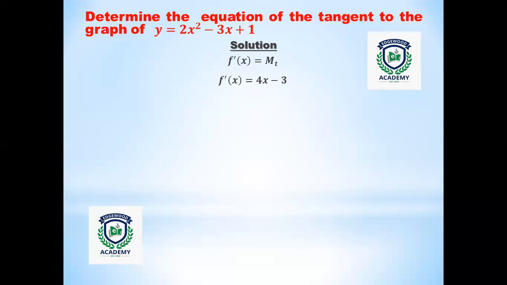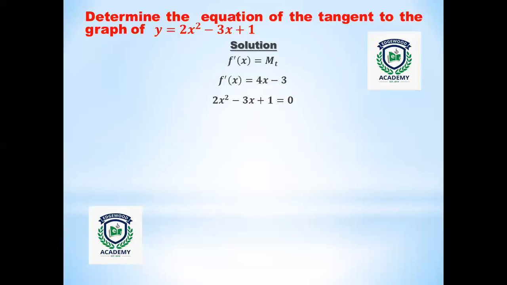We did the rules of differentiation already, so I'm not going to explain much about it. The derivative of the equation can be dy over dx is equal to 4x minus 3, or you can say f prime of x is equal to 4x minus 3. Now, we are looking for the point of contact, because when you have a tangent and a curve and you are not given the point of contact, you have to find it.